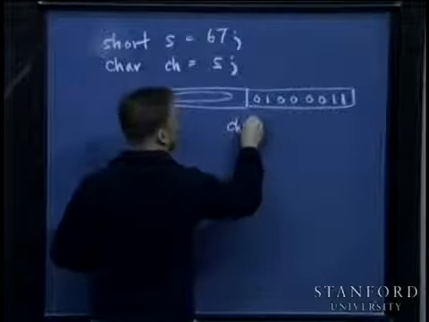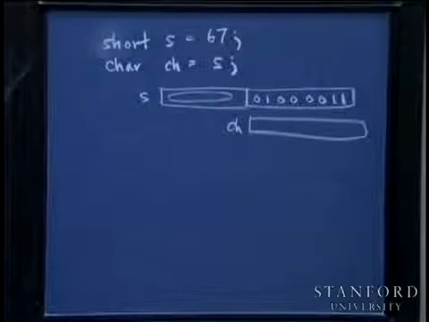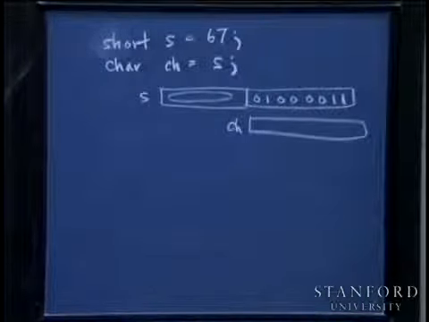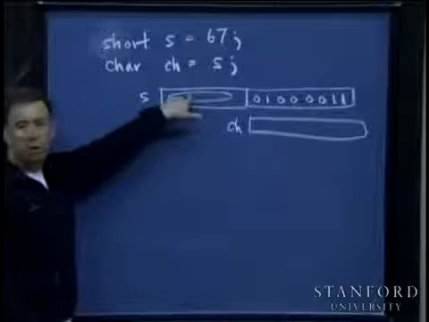So when ch gets laid down in memory, and it's assigned to S, 2 bytes of information and 16 bits cannot somehow be wedged economically into an 8-bit pattern. So what C and C++, and many programming languages for that matter, do is they simply punt on the stuff they don't have room for.